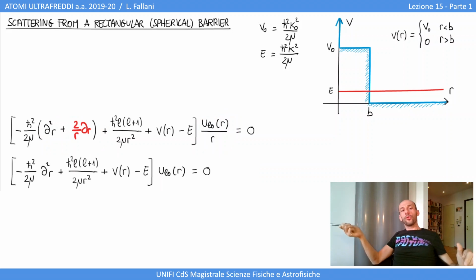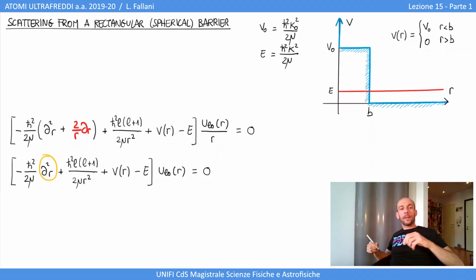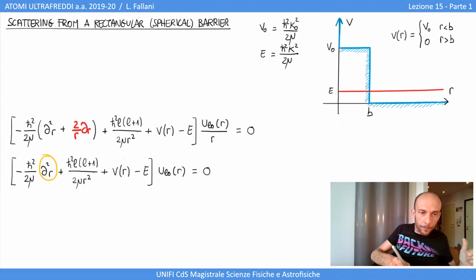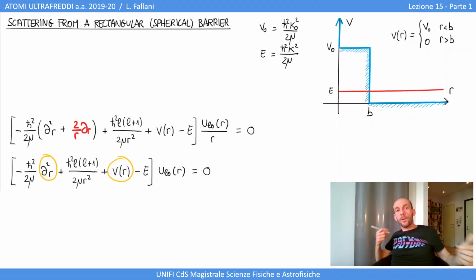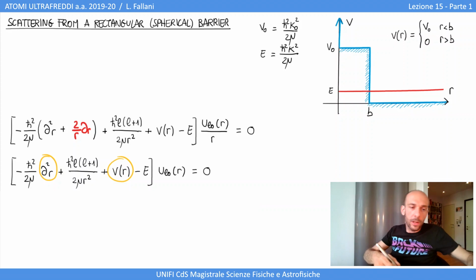In which you are just left with a second derivative with respect to r, and then you have the potential V, and then you have the centrifugal term. But in our discussion today, the centrifugal term can be discarded because we are interested in S-wave scattering.